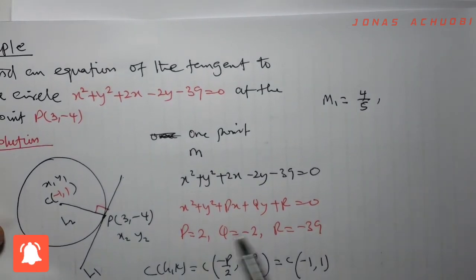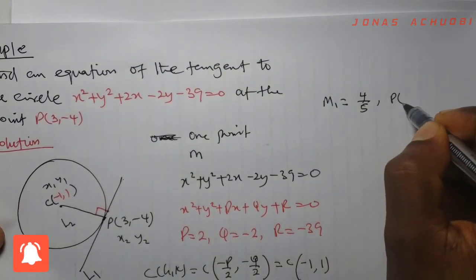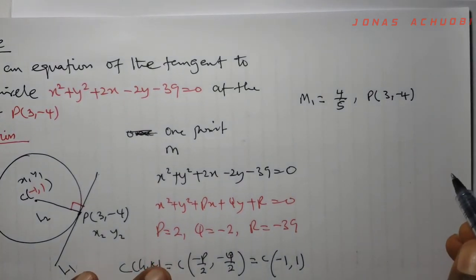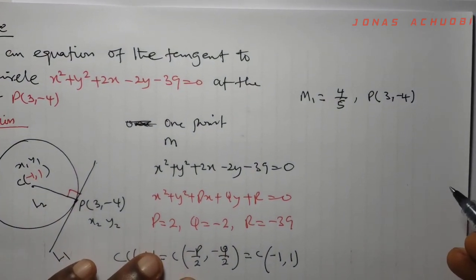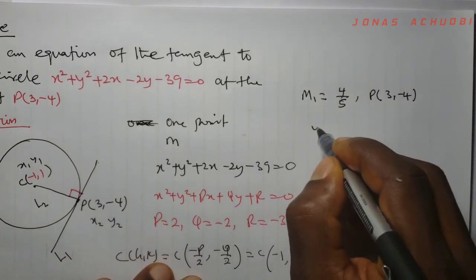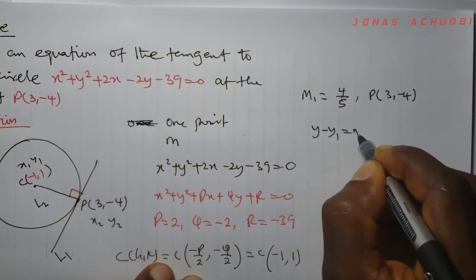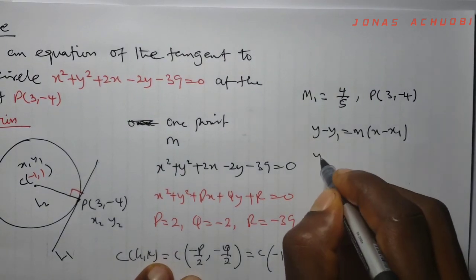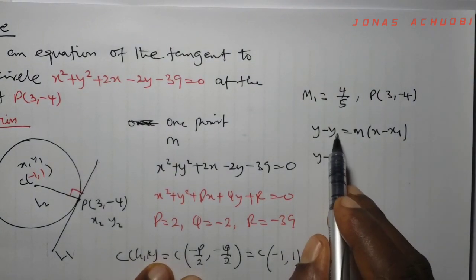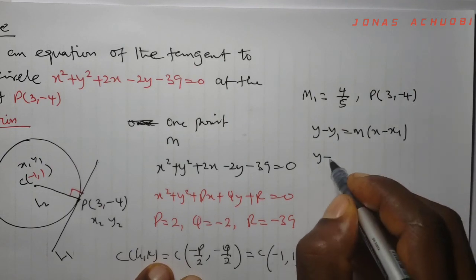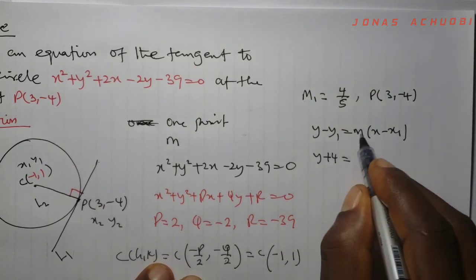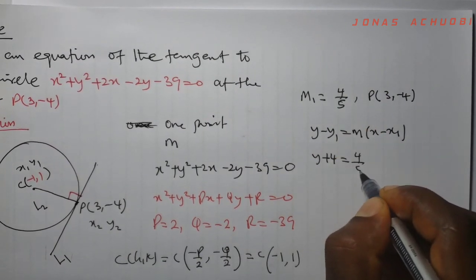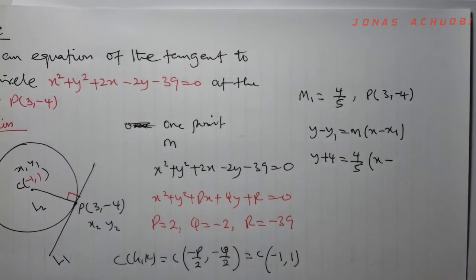We have also one point on the line, (3, -4). So if we use our point-slope form, we have y minus y1 equal to m times (x minus x1). What is our y1? Our y1 is minus 4, so that is y plus 4 equal to m, the slope of the line, which is 4 over 5, times (x minus x1).